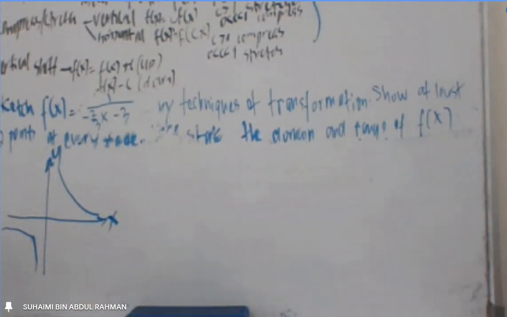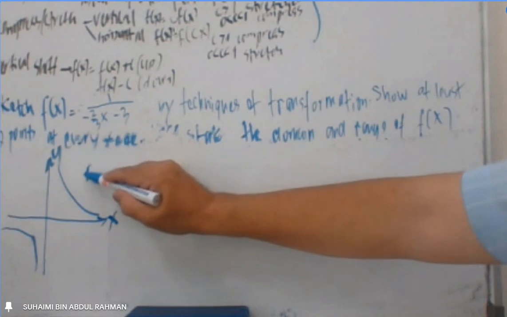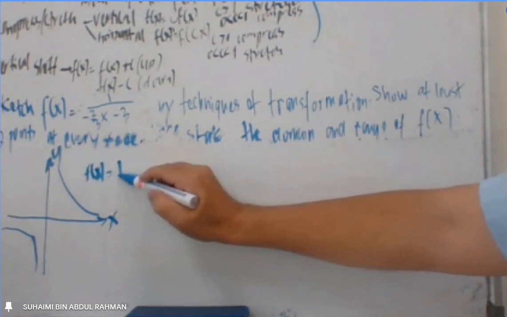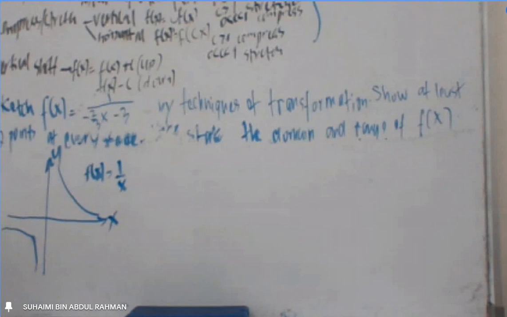This is the reciprocal function, the one that we have to start with, or we can say the basic graph.